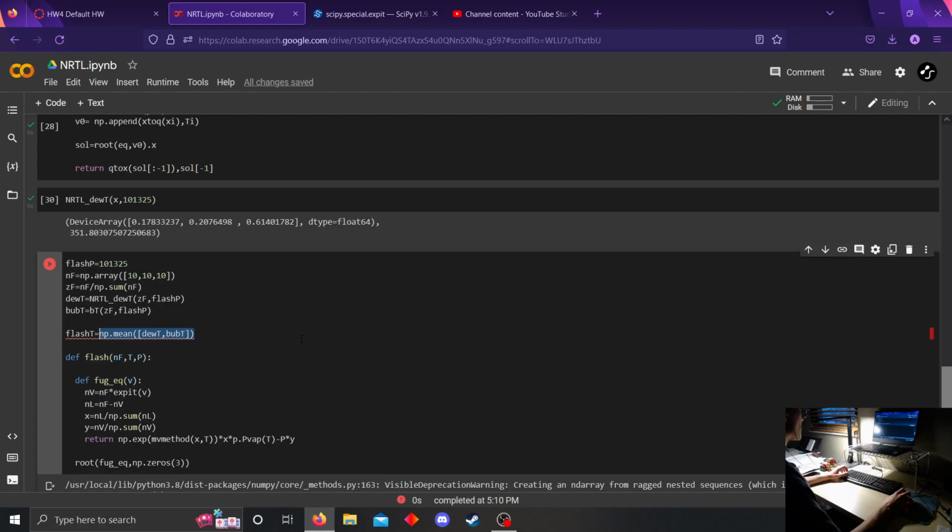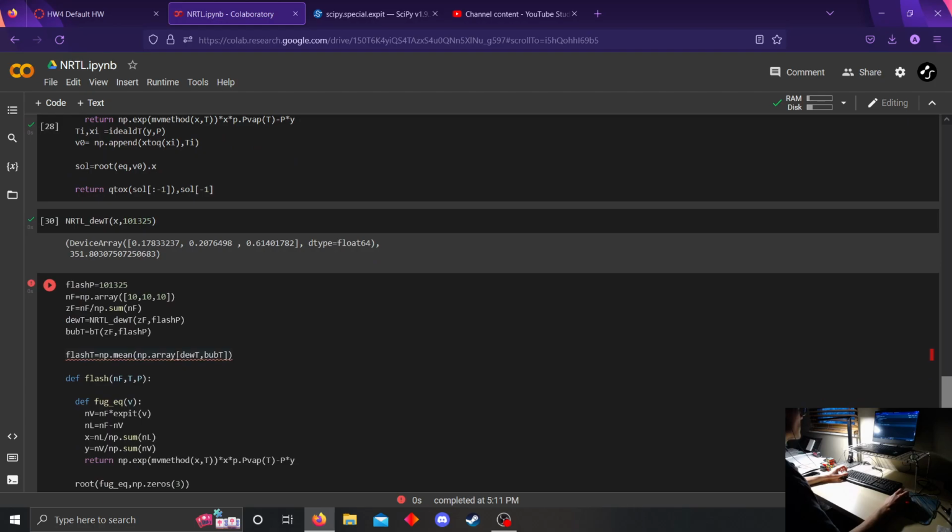I'm not sure why it's doing this. np.mean of dew temperature, bubble temperature, ethanol. It seems to be np.array.